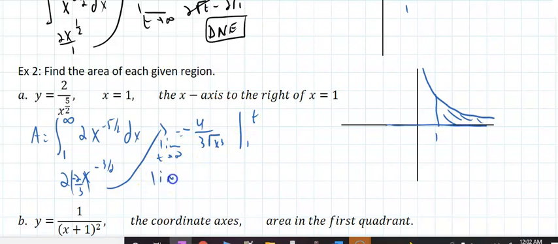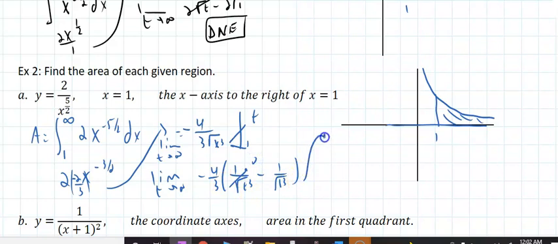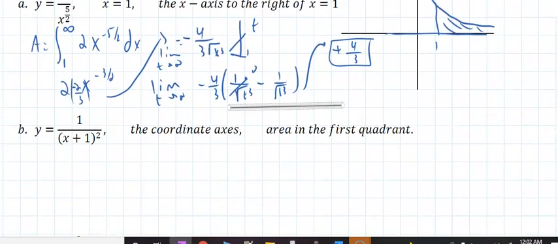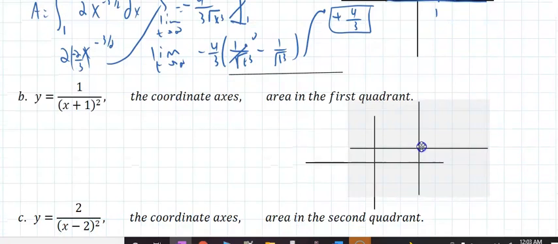And that's what we're going to do on every problem. -4/3, plug that in, that is 1 over the square root of t cubed, minus 1 over 1 cubed under the radical. This will approach 0, and I'm left with negative times a negative, which is a positive 4/3 times 1, and that's my answer. So if I get a finite value, I say that's the area. And if I get an infinite result, I'll say, you know what, that doesn't exist, because I can't evaluate that.